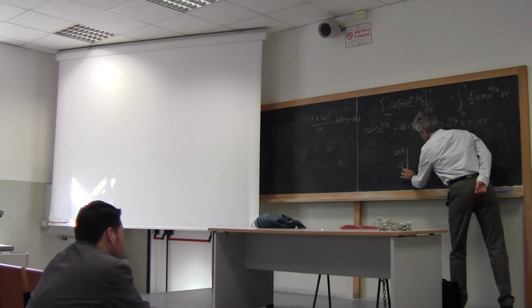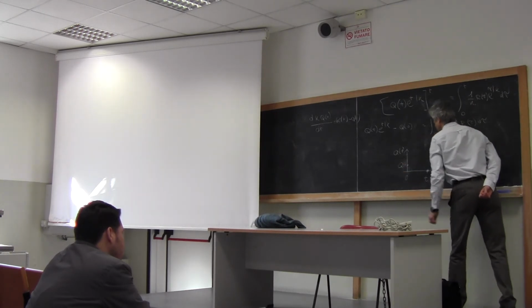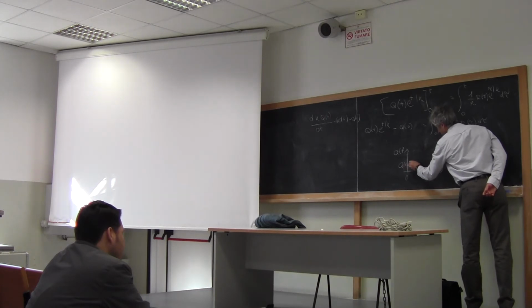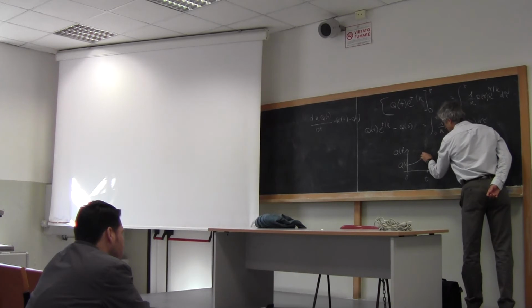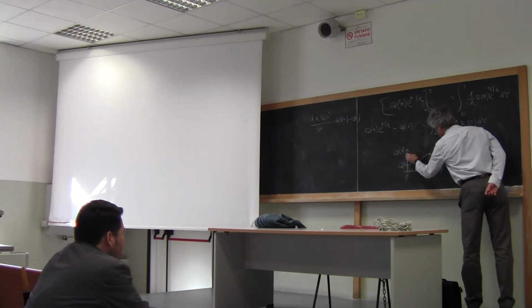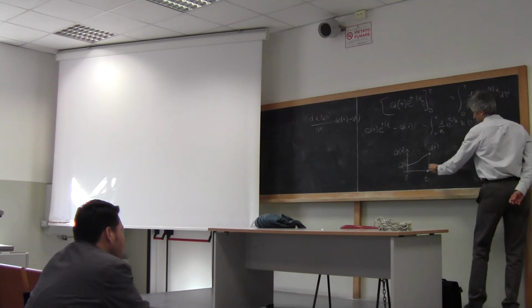So you start from q_0 and you have a hydrograph that goes up to t, and this is q_t.